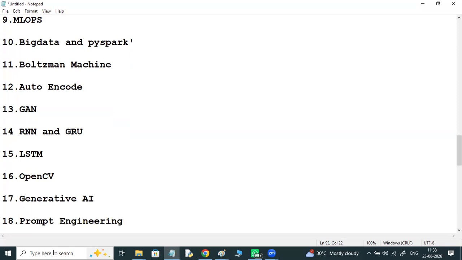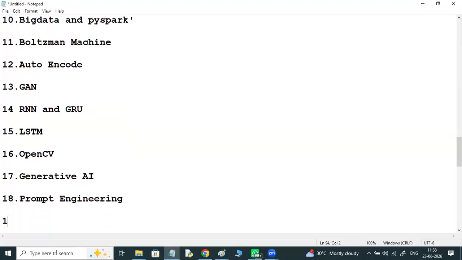So prompt engineering is designing and optimizing prompts especially for large language models to accurately and relevantly get the desired outputs. Here also we'll be discussing advanced prompting techniques, chain of thought, tree of thoughts.